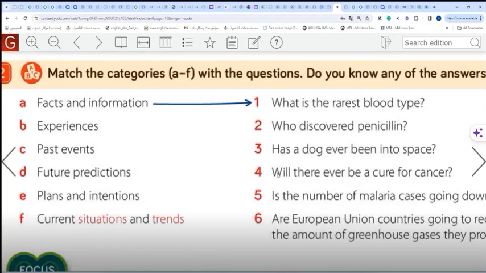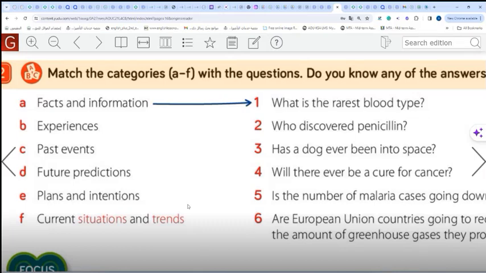What about will there ever be a cure for cancer? What do you call this? Future predictions. Excellent. How did you know? Well, excellent. Once you see will, it means that it could be a future prediction, because you are not sure.